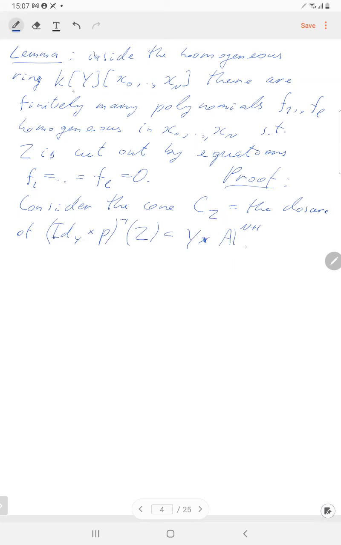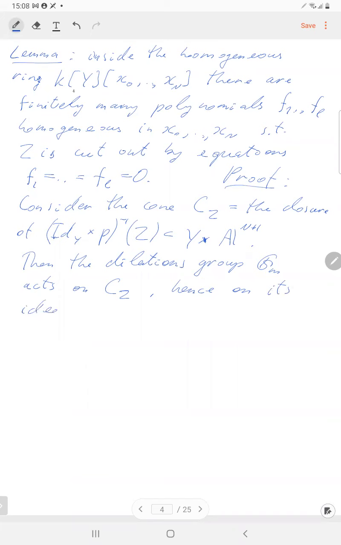Okay, and then the dilations group, the multiplicative group GM, acts on this cone just as before, and hence on its ideal J CV inside the ring of functions.